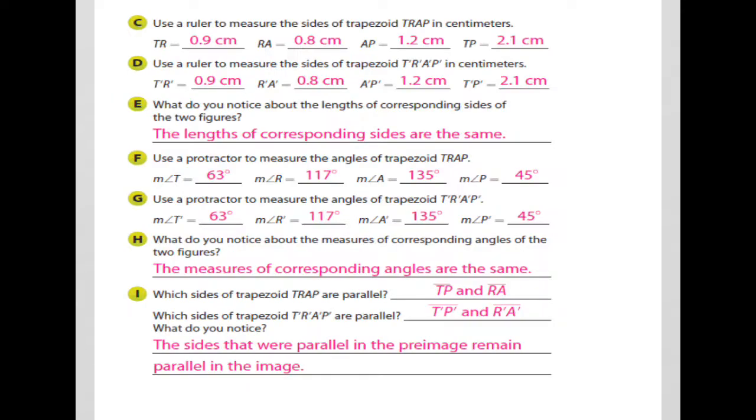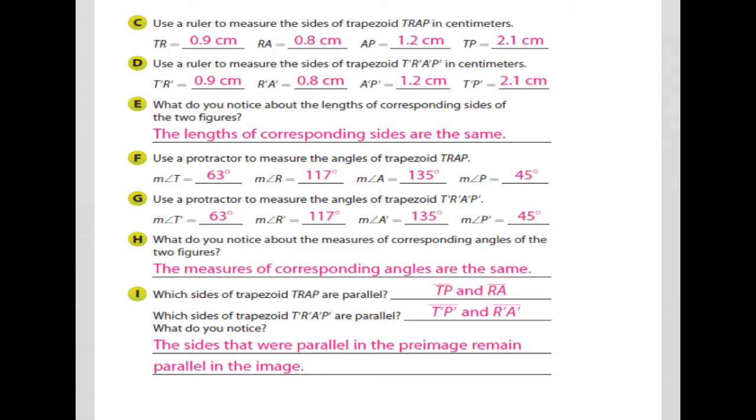Okay. So then it tells us to measure T prime, R prime, A prime, P prime. And because this was just simply a reflection and we didn't do anything with the actual size itself, then these should be congruent as far as the measure.